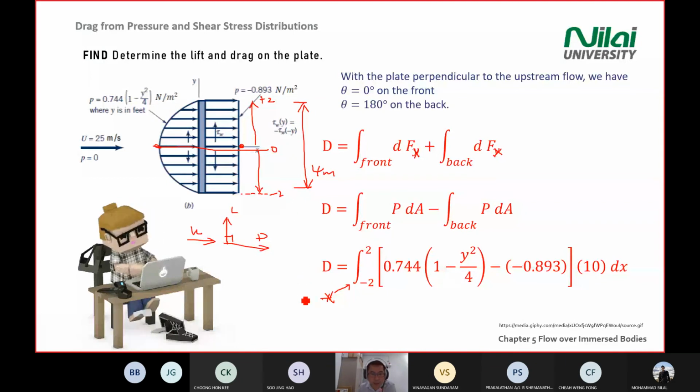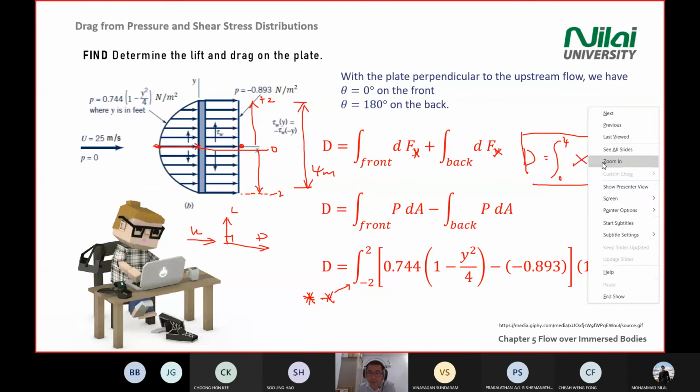This also needs to be noted, because our flow here is parabolic. And it will be wrong if you use the integration from 0 to 4. Then you will get the wrong answer, because this parabolic equation here starts from the center. Right, so if you integrate 0 to 4, then you get the wrong answer.